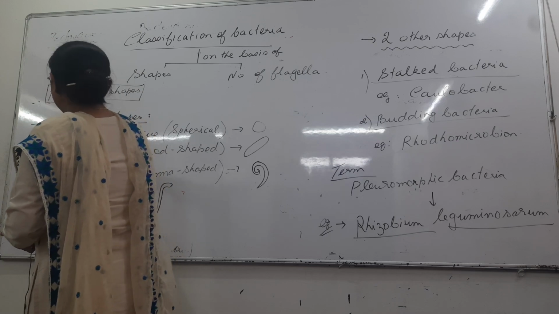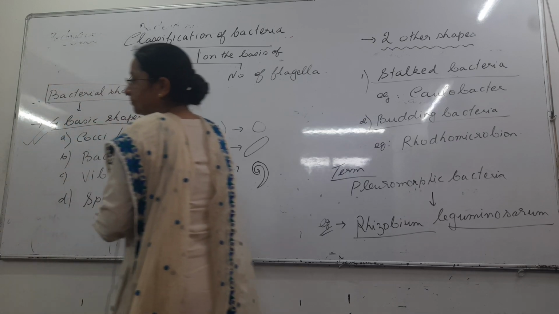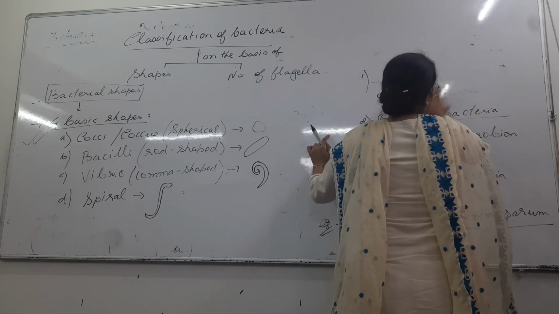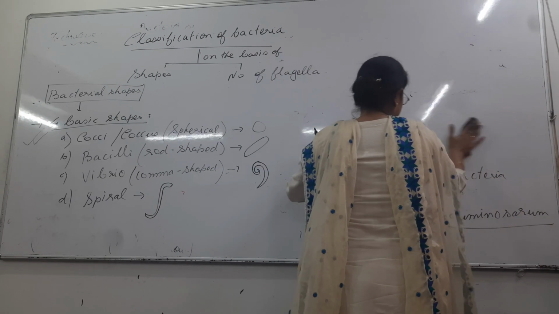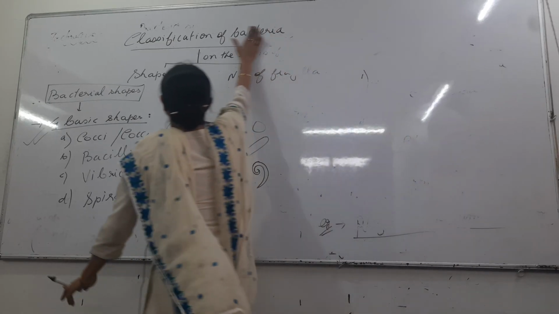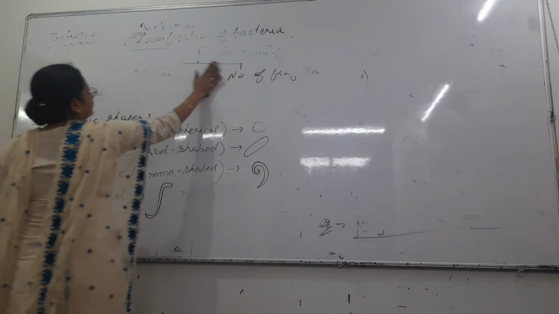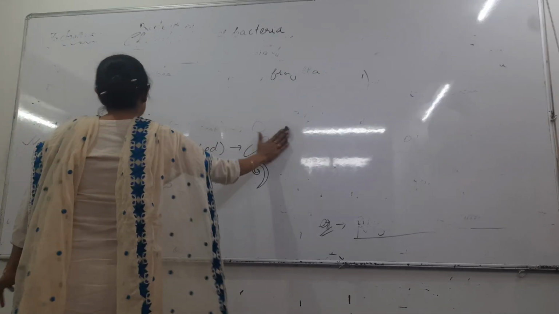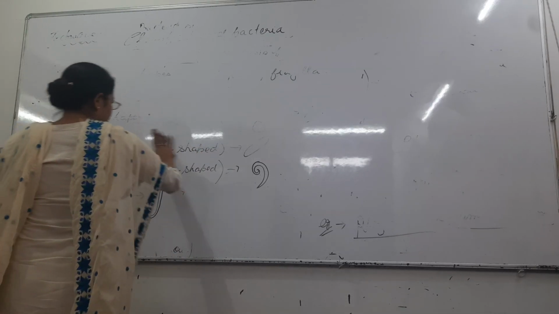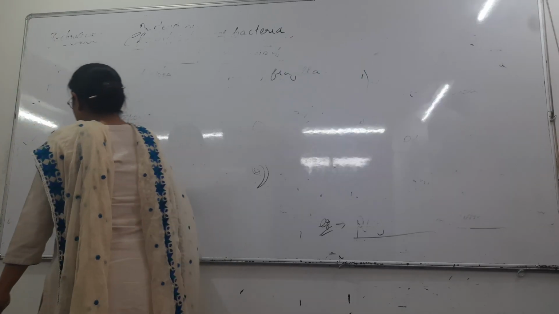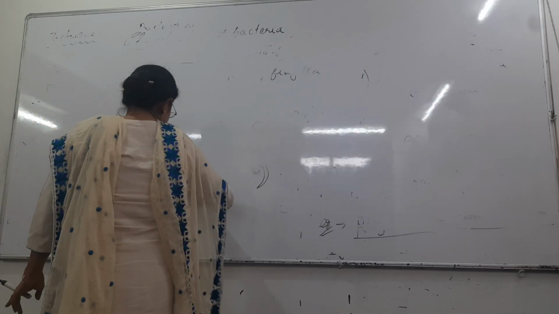Heading: classification, coccus. When we talk about coccus, the first word we understand is that the shape is round. There are different types of coccus classification.